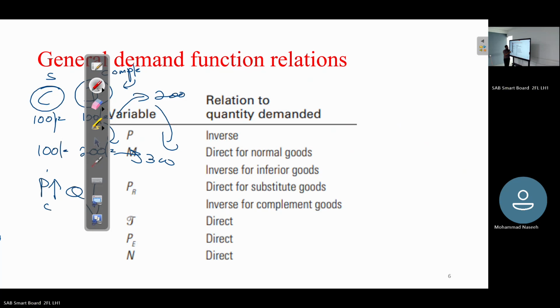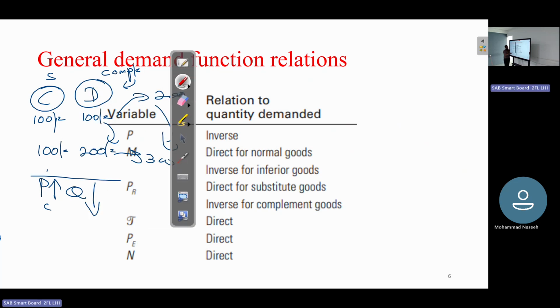The relationship is a negative relation. Right?